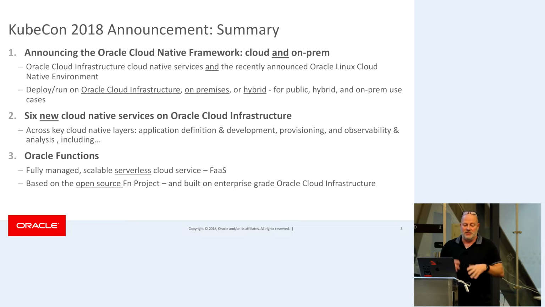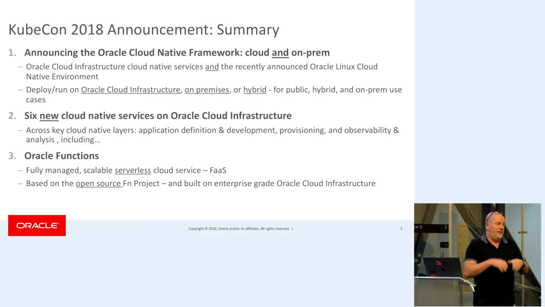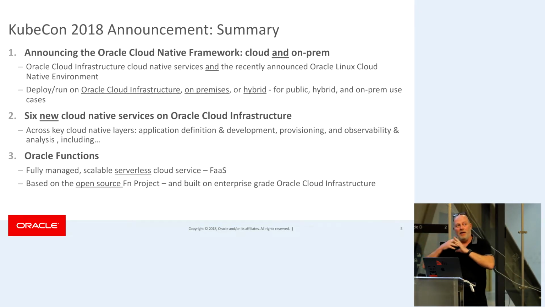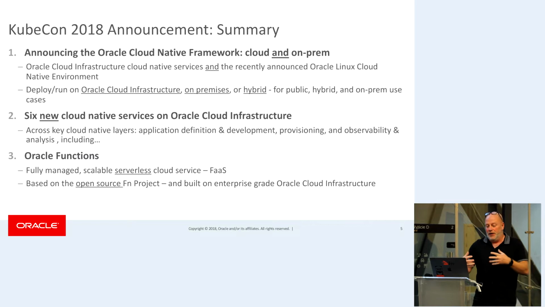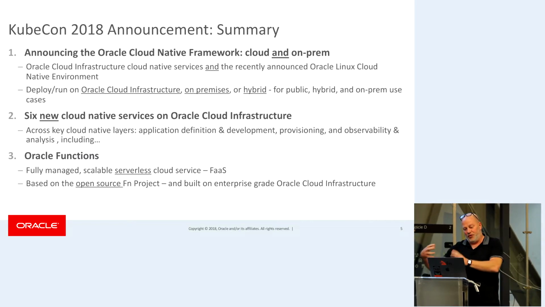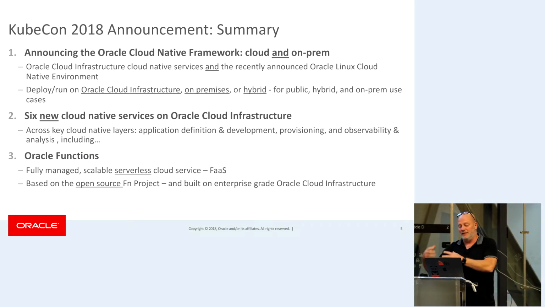We announced 6 new services that are coming on Oracle Cloud Infrastructure. And we also announced a managed function service, based on the FN project as well. And these are all things framing what we're calling a container platform strategy that will hopefully make it easier for people to actually consume a secure, reliable environment around Kubernetes and functions, etc.